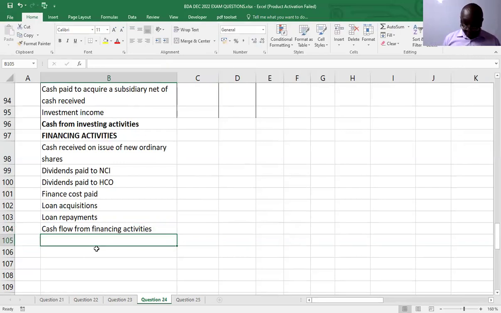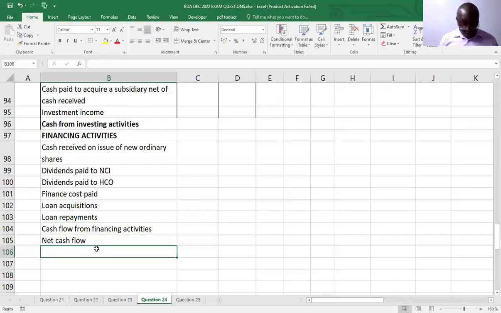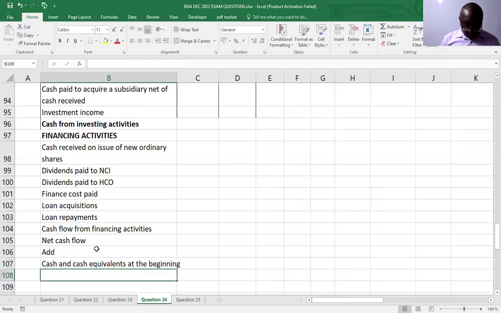Then we have something else down there called net cash flow. Net cash flow. Then we normally say you add cash and cash equivalents at the beginning or opening, then you'll get cash.